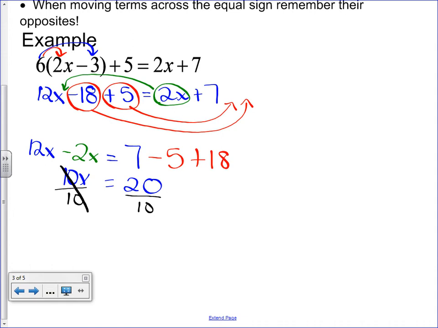No. What's left over when I cancel those out? X equals, and then what am I left with? Pardon? Good. X equals 2. Any questions with that? That's a little bit tricky.